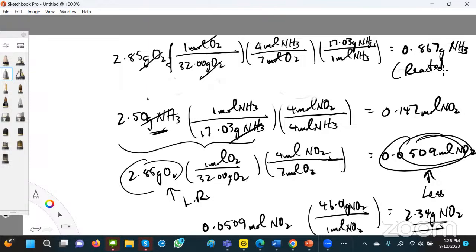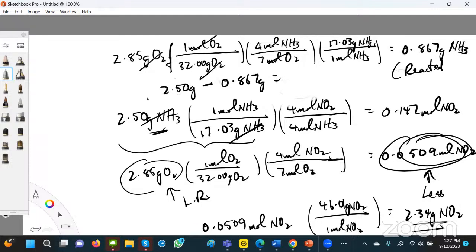So what's the next step? Subtract what? Which is what? Minus the amount that reacted, which is 0.867 grams. And that's it.